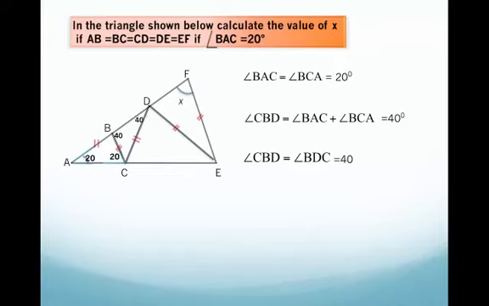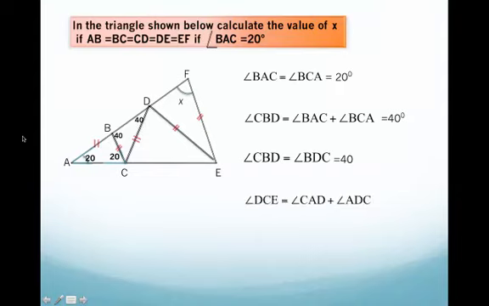Now look at triangle ACD. If you look at triangle ACD now, we have angle DCE as exterior angle, and which must be equal to angle A of triangle ADC plus angle D of triangle ADC, which is equal to 40 plus 20, that is equal to 60.